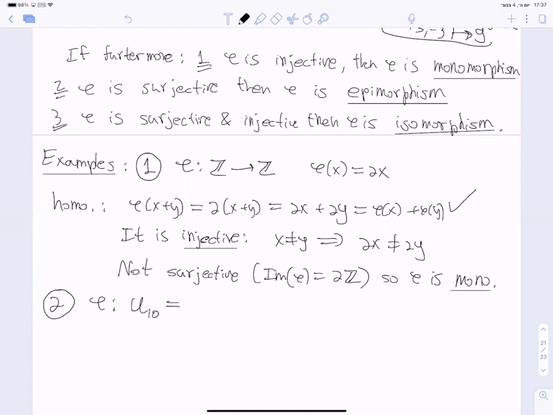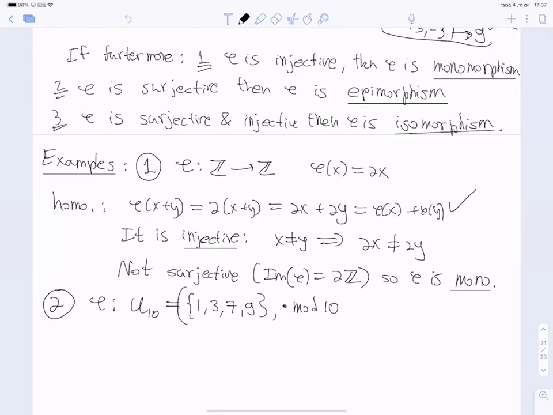So here it is 1, 3, 7, and 9, with multiplication modulo 10.